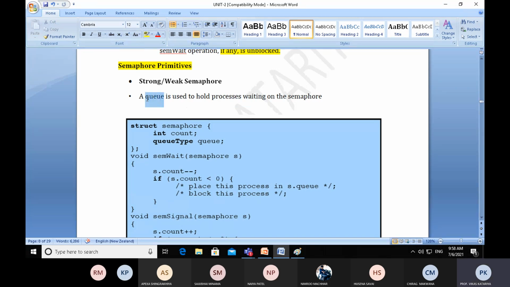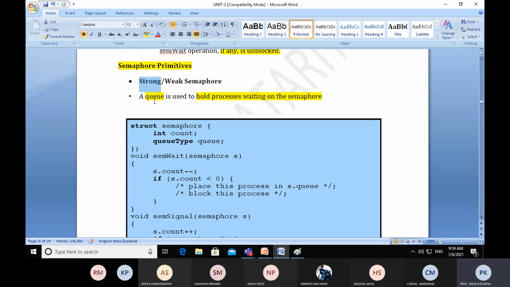So here is the manner we are using to hold the processes. This is the important point: a queue data structure is used to hold processes waiting on the semaphore. If there is a data structure used to hold the processes waiting on the semaphore, this kind of semaphore is called a strong semaphore.